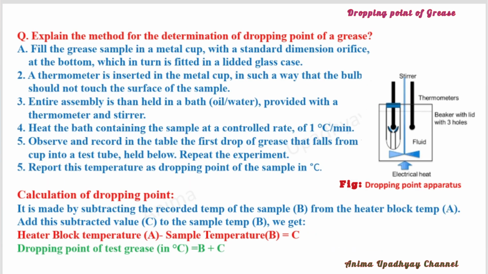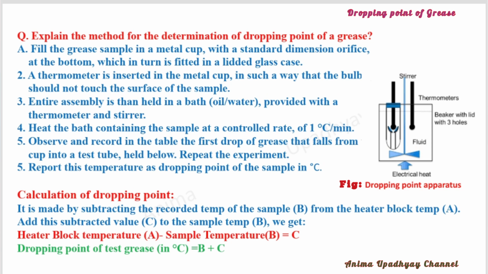Explain the method for the determination of dropping point of a grease. The method used to determine the dropping point of grease in lab is very simple. Here we take the grease sample, fill it in the metal cup provided in the apparatus.